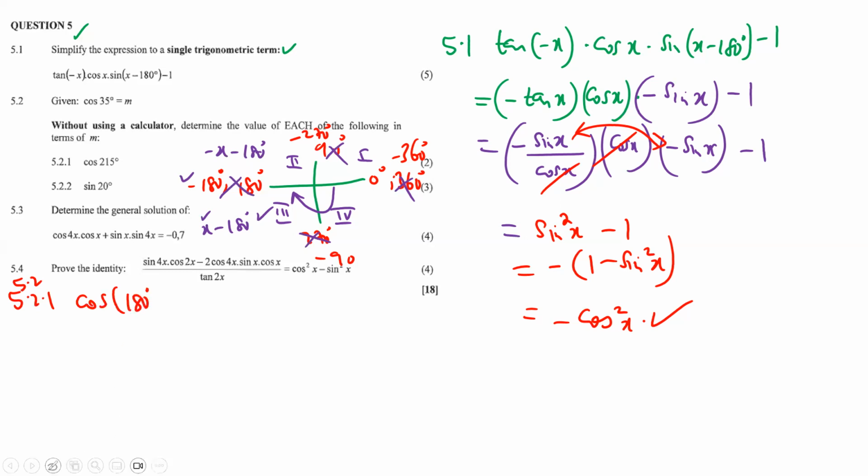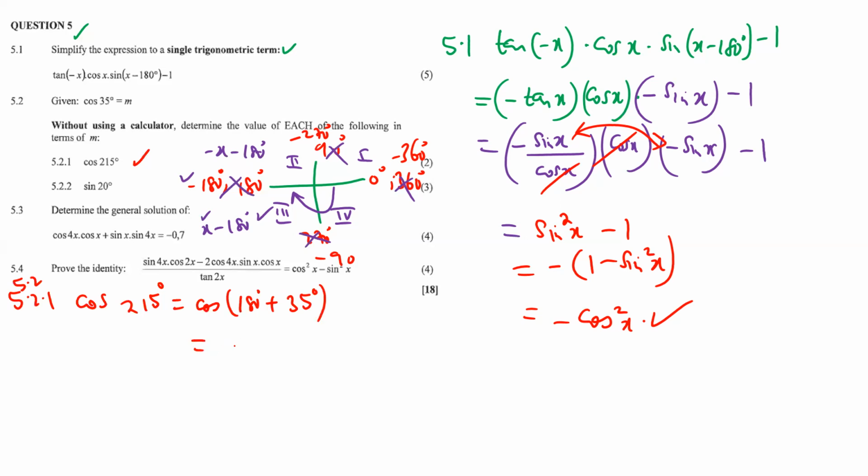Okay, so we start as follows. We start by looking at this one, which is the cosine of 215 degrees. Which is the cosine of, you can use 180 degrees plus 35 degrees.